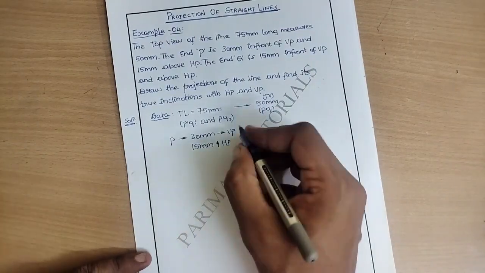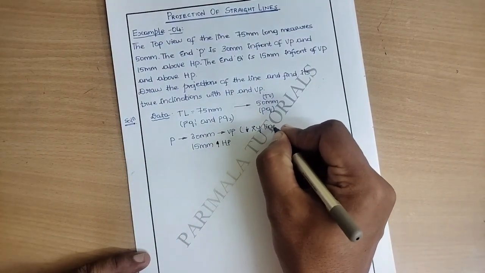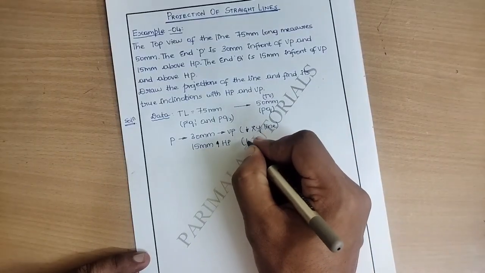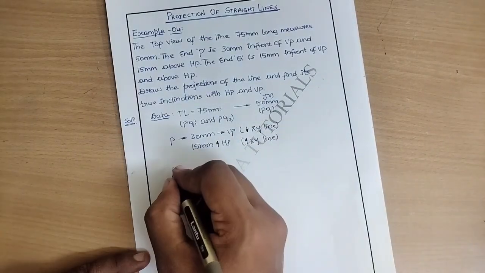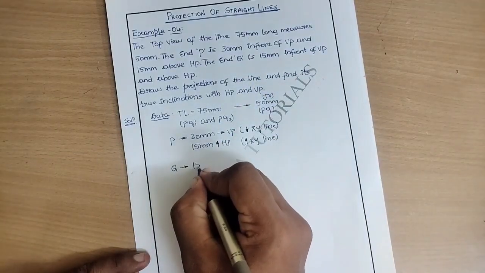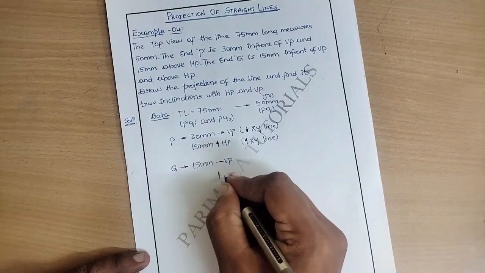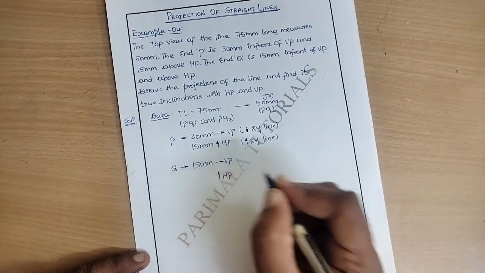30 mm in front of VP is nothing but below the XY line, and 15 mm above HP is above the XY line. Similarly, the point Q is 15 mm in front of VP and above HP. Above HP is given, but the distance is not given.